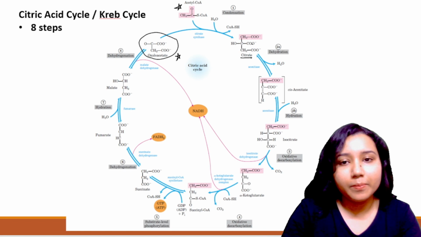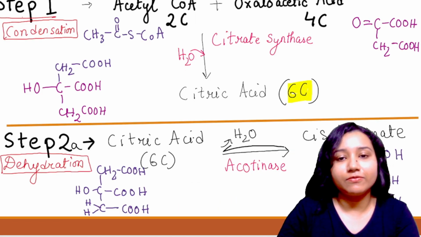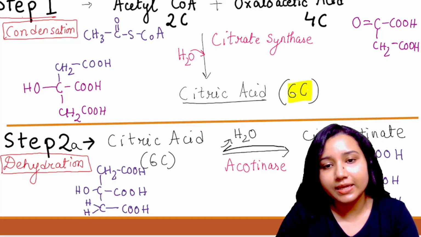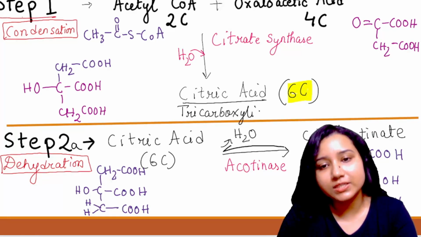Why is it so? This is called the TCA cycle because of the tricarboxylic acid. Which is this?